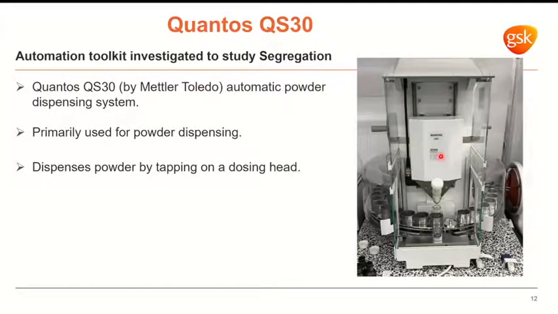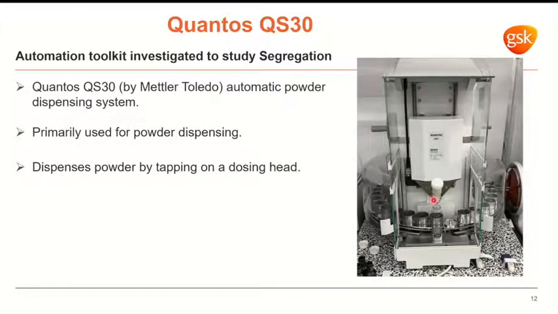So basically, what is Quantos? Quantos QS30 is an automatic powder dispensing system made by Mettler Toledo, the company which made this machine. The primary use of this machine is for powder dispensing. It can dispense powders to a very high accuracy, and the mechanism that it uses to dispense powder is tapping.